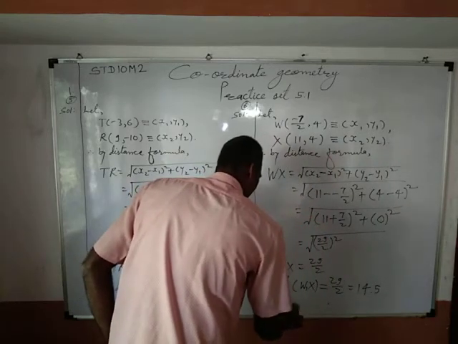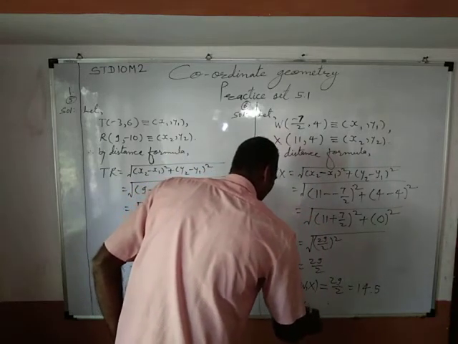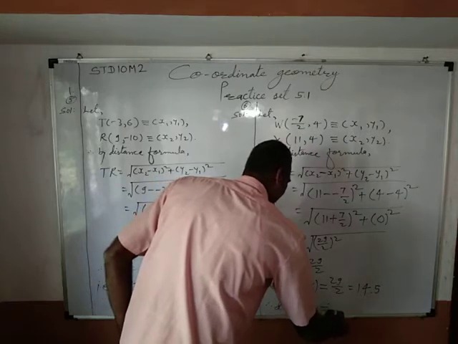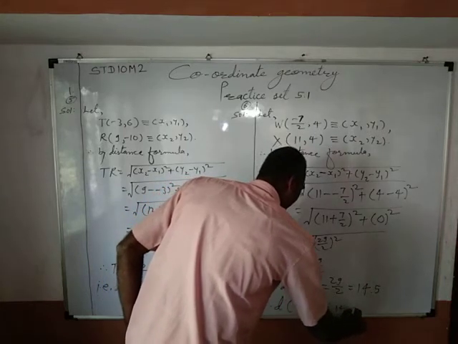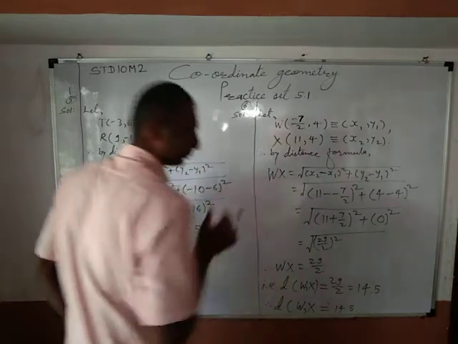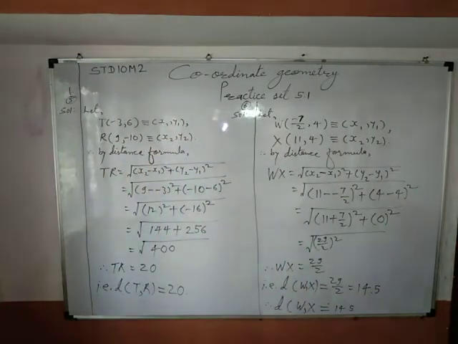Therefore, distance between W and X is 14.5.